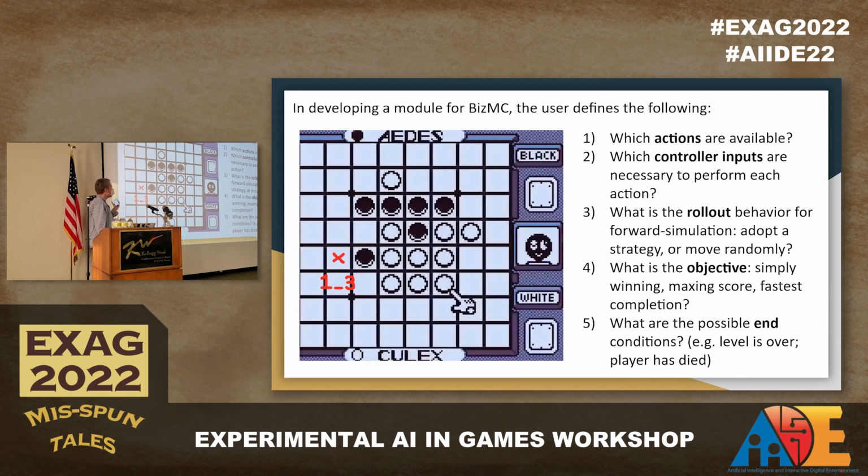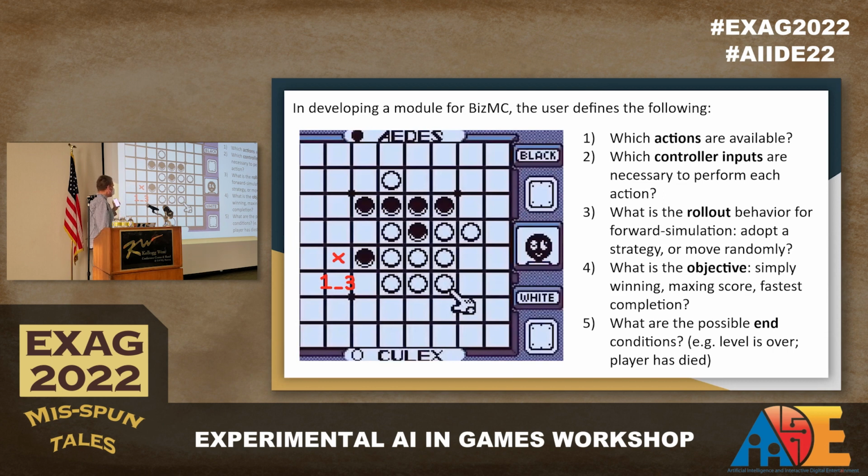Since this is designed for speedrunning, a lot of times the objective is to lower the frame count, which is literally just looking at the emulator's current frame count and minimizing it. In this case, it could be either maximizing your chances of winning or trying to get the most tiles at the end.